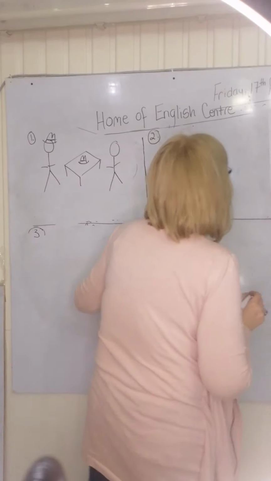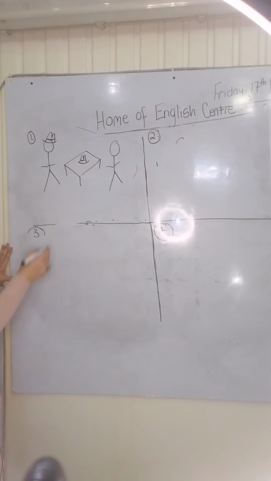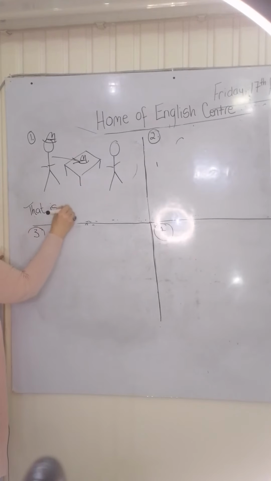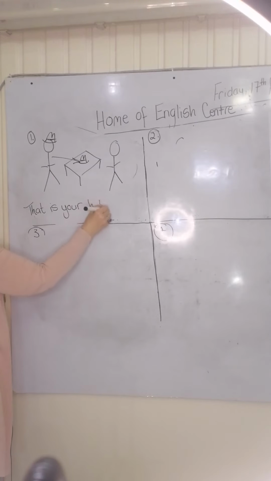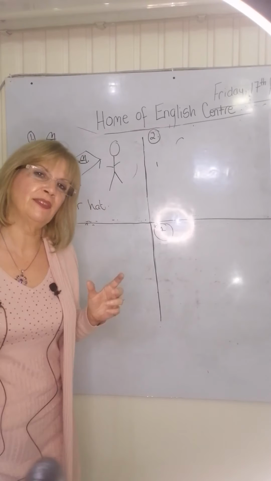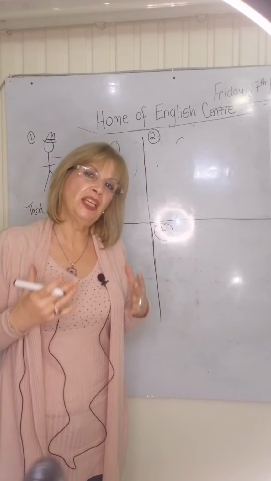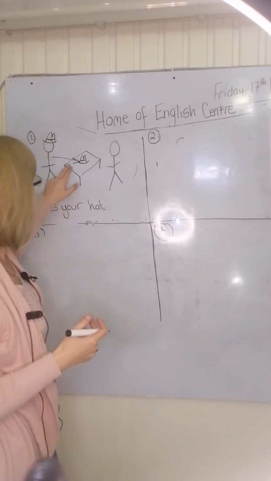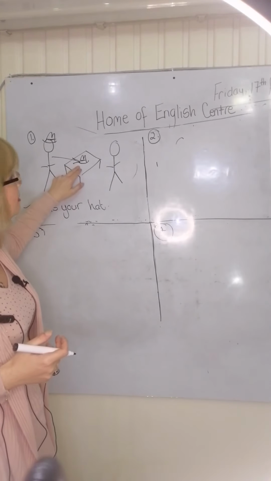So, John is saying that is your hat. Okay, this is what John is actually saying to his friend. That is your hat. He's pointing to the hat.